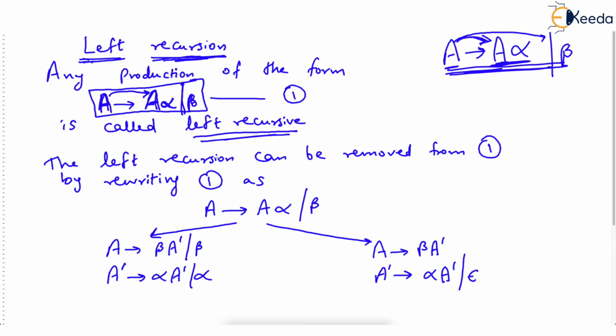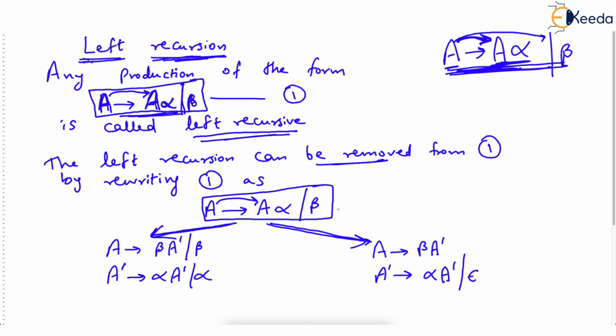Whenever you have any production which has left recursion, it is better to remove it. We want to remove the left recursion from this particular grammar. The production A derives A alpha or beta, which has left recursion, can be removed in two ways.